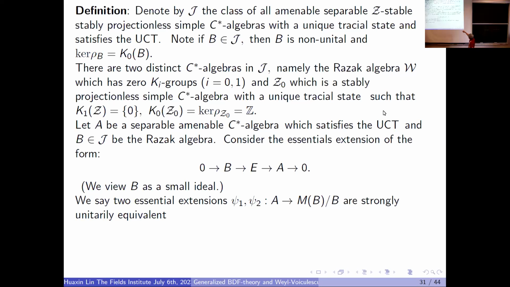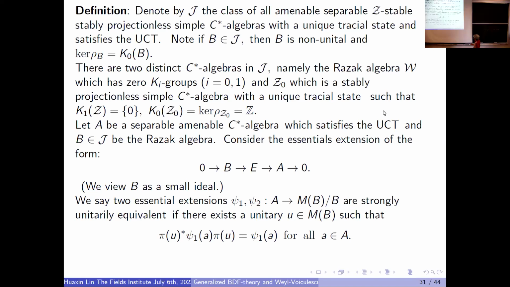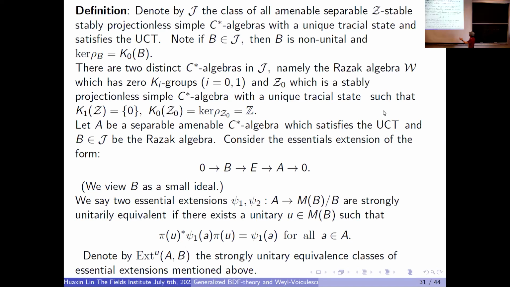And you can define something as strongly unitarily equivalent if you can find a unitary upstairs so that they are equivalent downstairs. And let's temporarily use this notation for strongly unitary equivalence classes of essential extensions mentioned above.